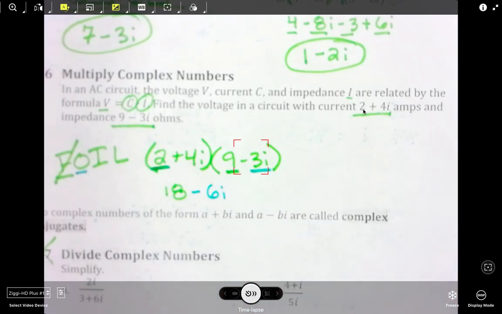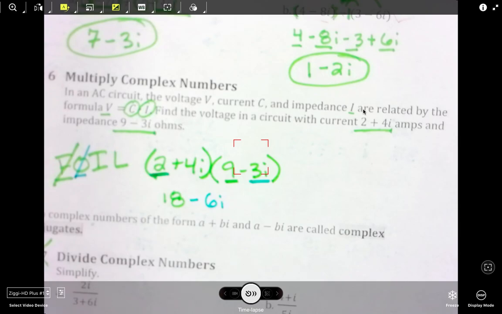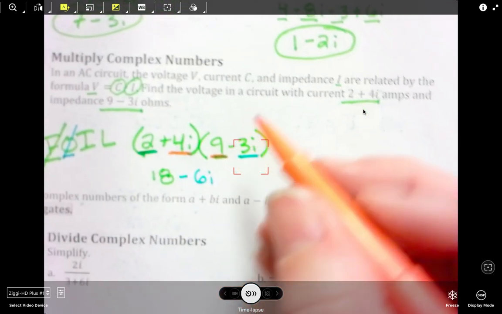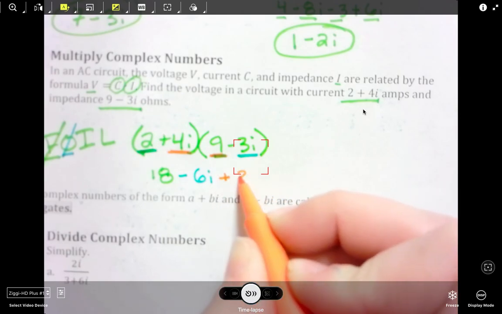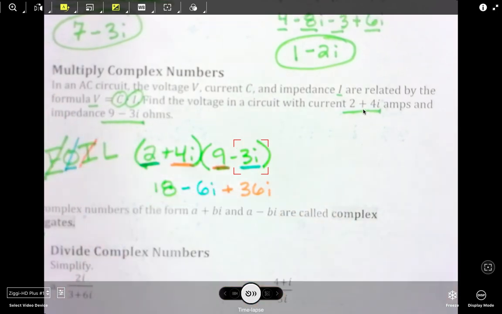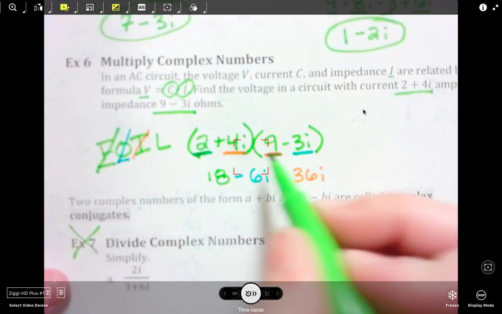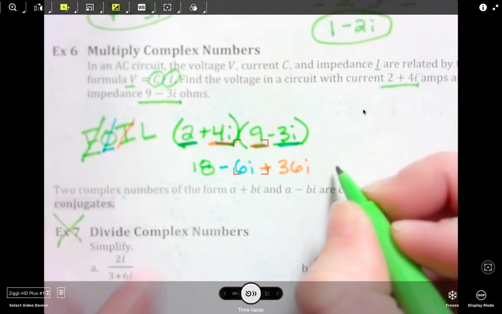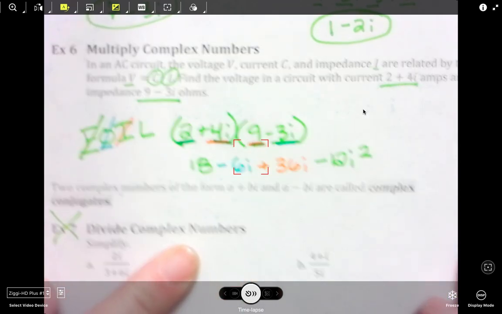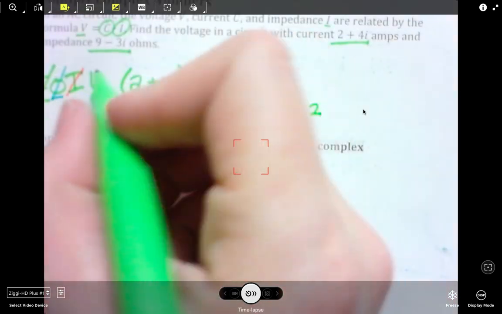The inside, O is done. The inside pieces are 4i and 9. Okay, 4i times 9 is a positive 36i, and then I is done. And the last pieces are 4i and negative 3i, which makes negative 12i squared. Okay, negative 12i squared. So now the last piece is done.